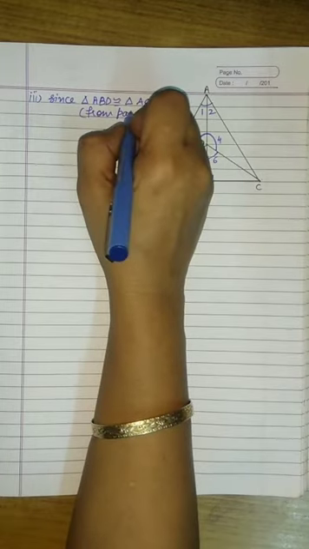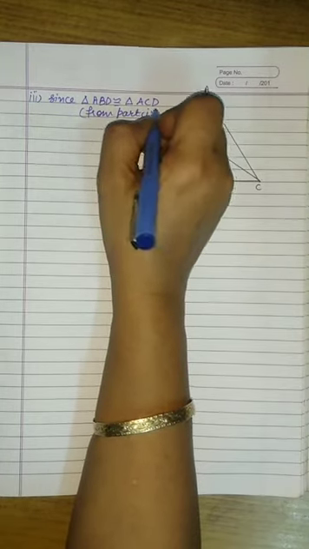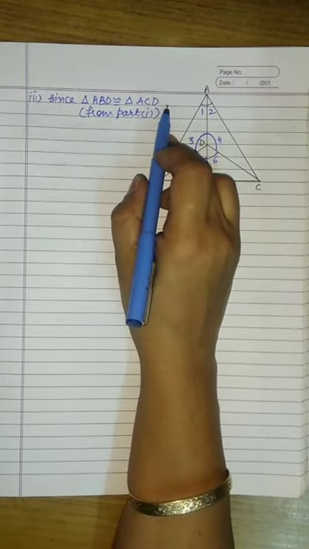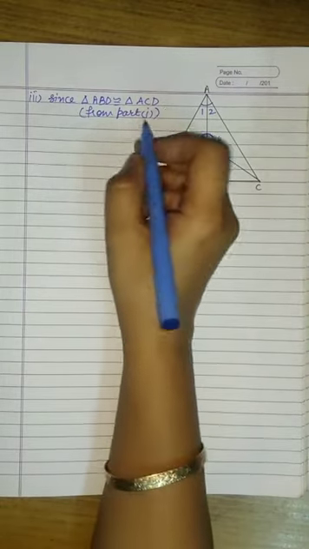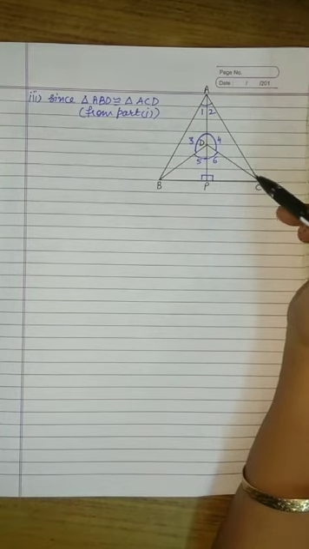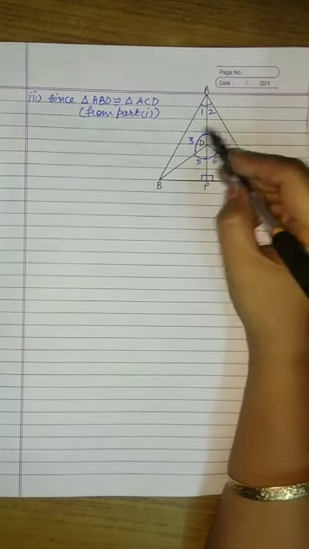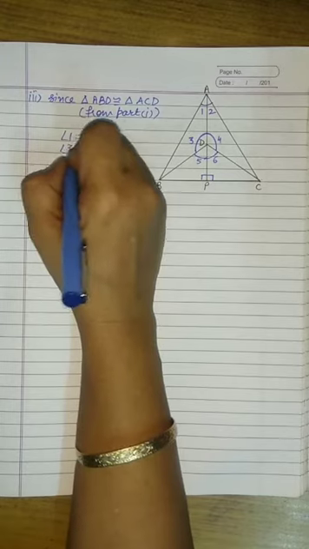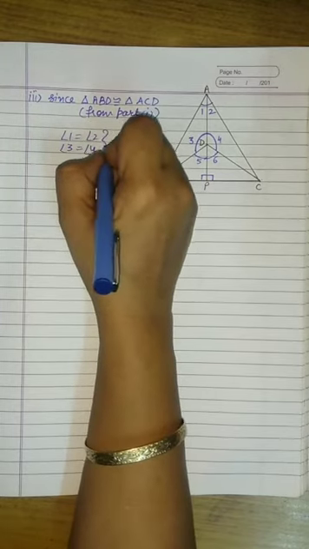Now if both these triangles, triangle ABD and triangle ACD, are congruent, then angle 1 is equal to angle 2 and angle 3 is equal to angle 4 by CPCT.